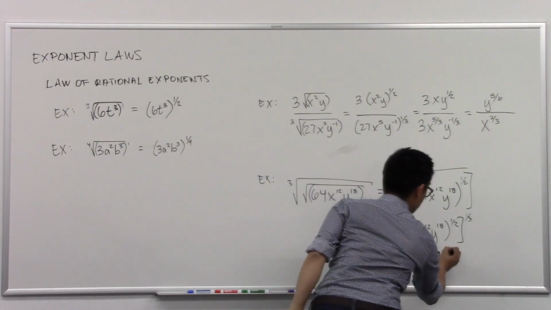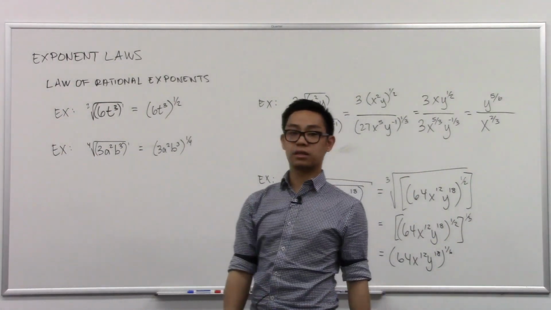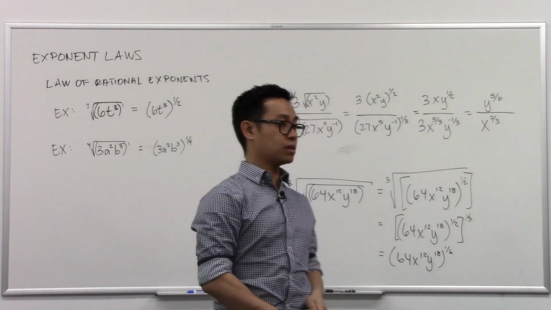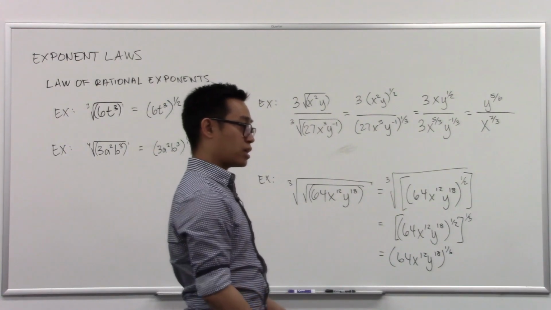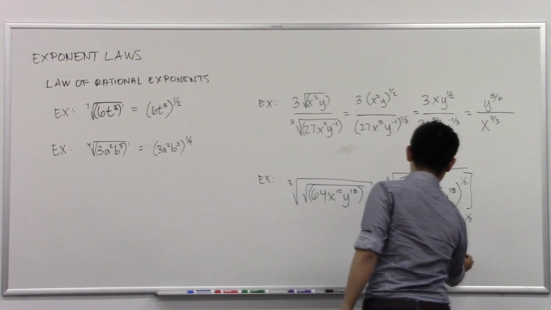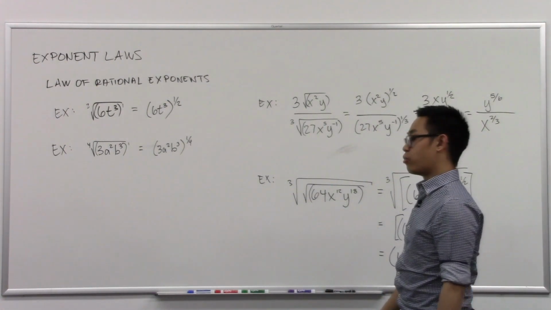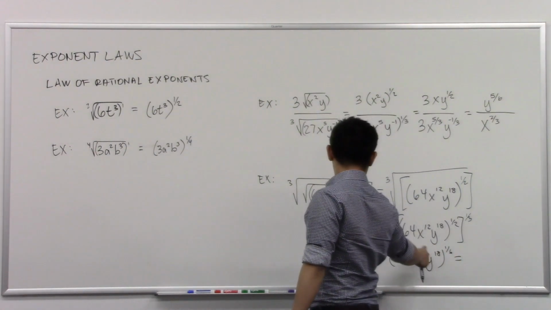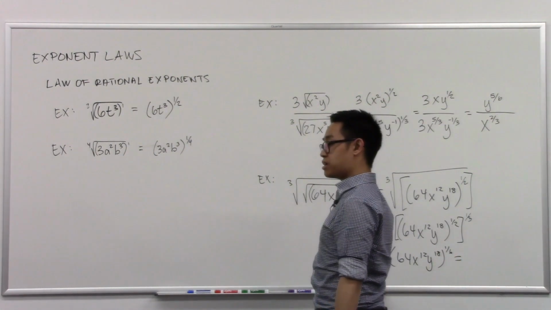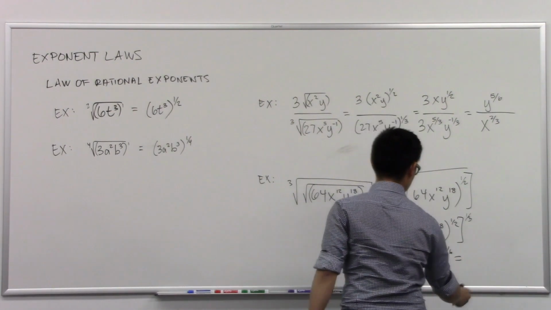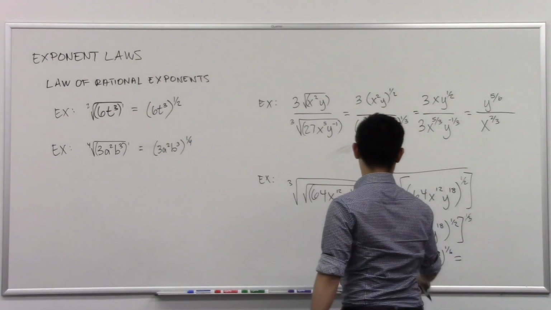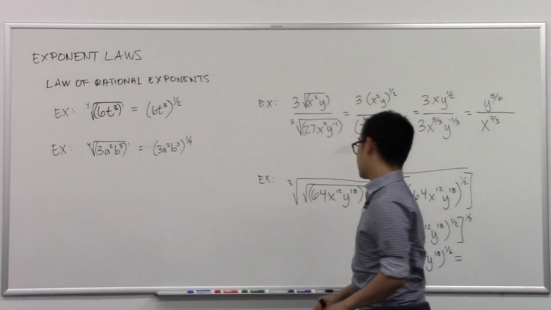So we get 1/6. Law of product says when I have an exponent on the outside of a product, it applies to each factor. So that's like saying 64 to the 1/6.